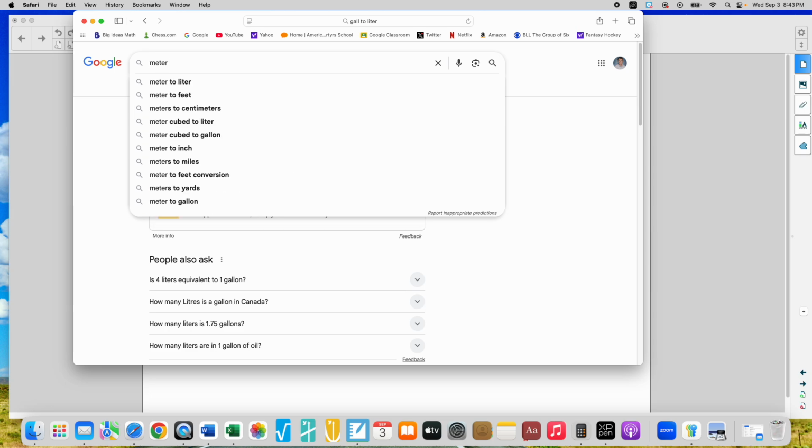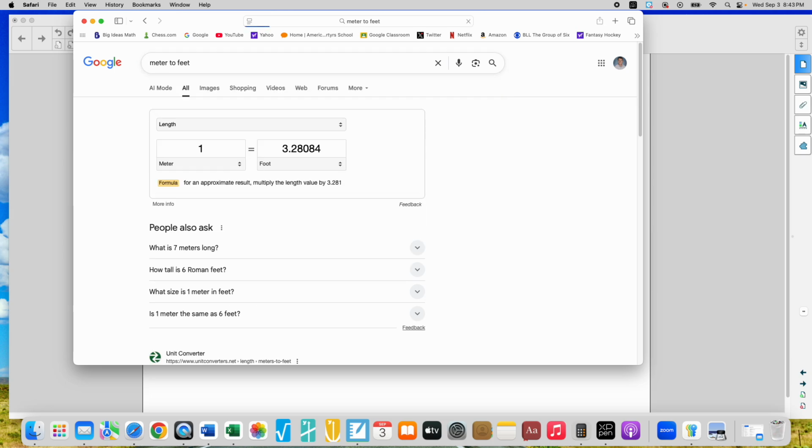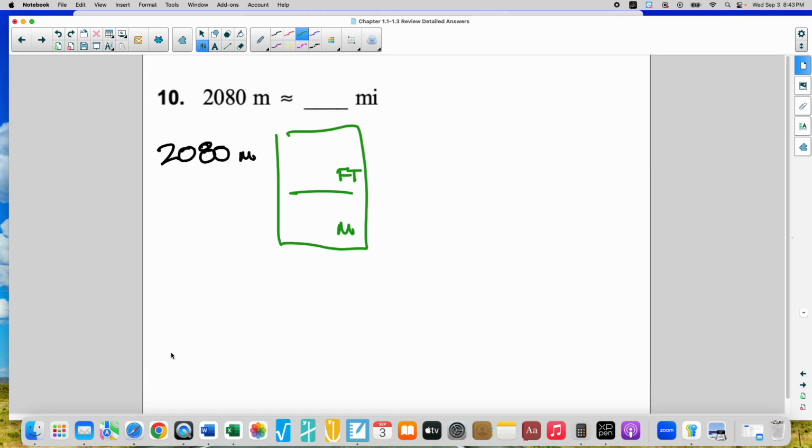Let's make that 3.3. So 1 meter equals 3.3 feet. So if we're going to write this, meters had to be in the denominator to cancel the meter in the numerator. So 1 meter equals 3.3 feet.